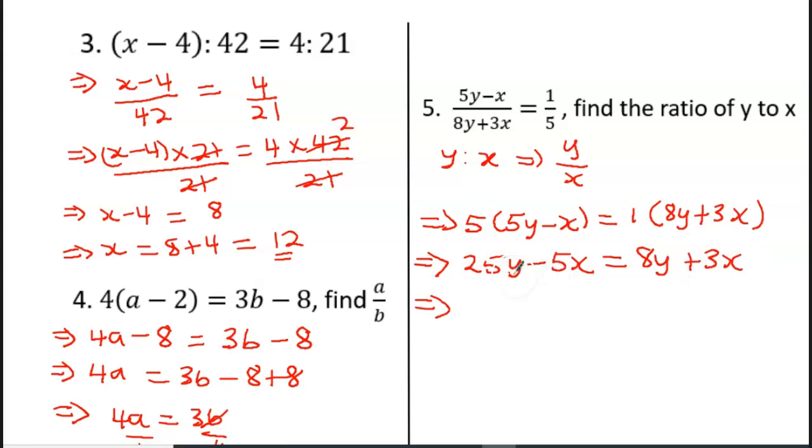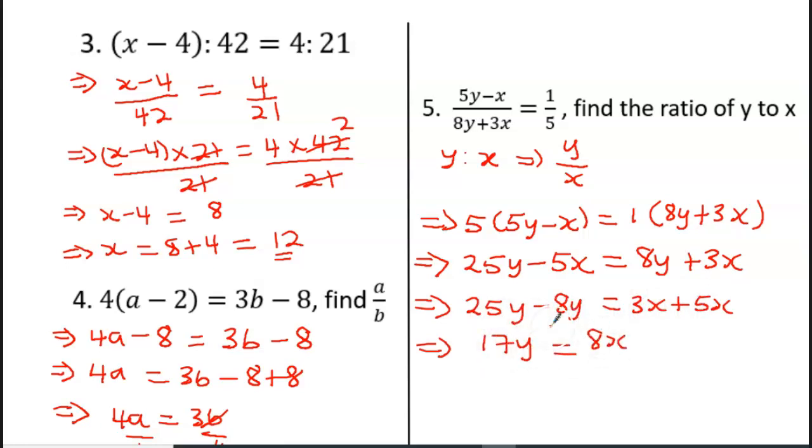So we have a term in y on the left hand side, a term in y on the right hand side. So we group the like terms. 25y, we bring 8y to the left hand side, minus 8y is equal to 3x plus 5x. 25y minus 8y is 17y equals 8x. So we want to find y on x.